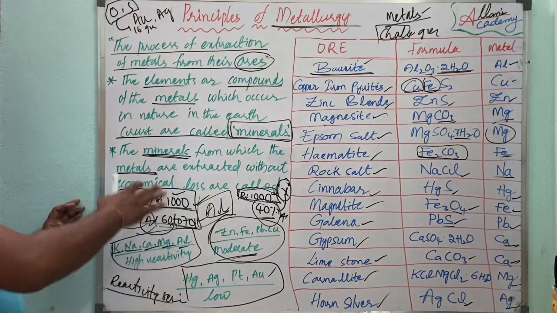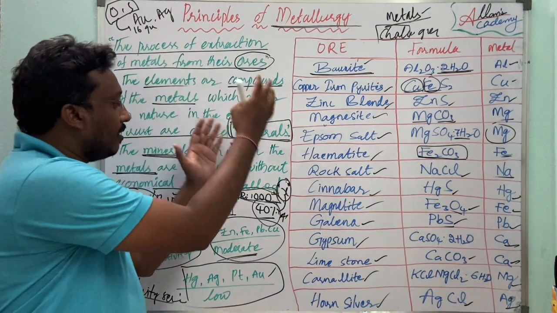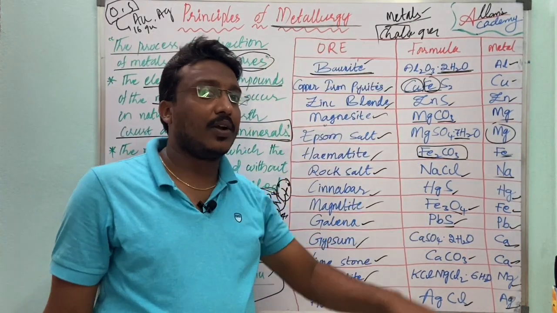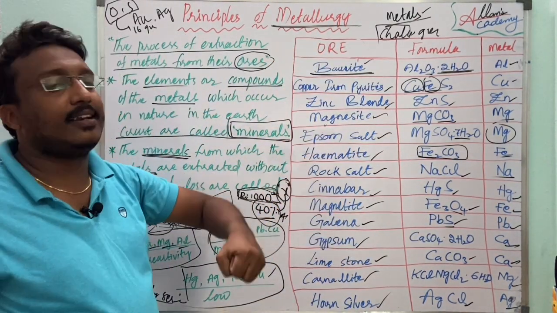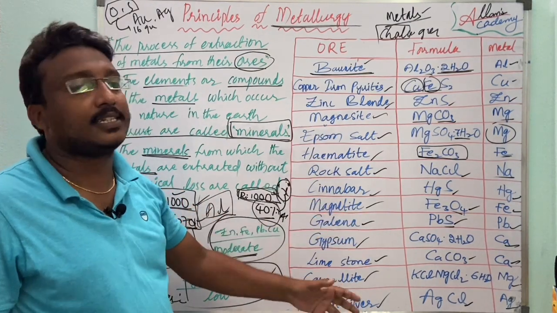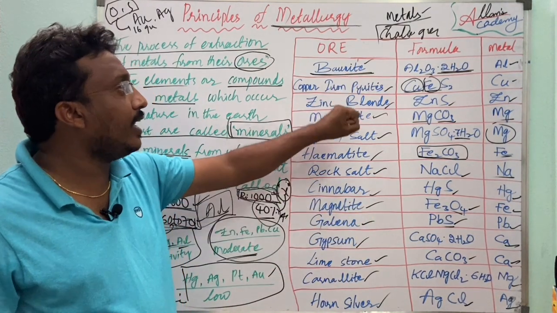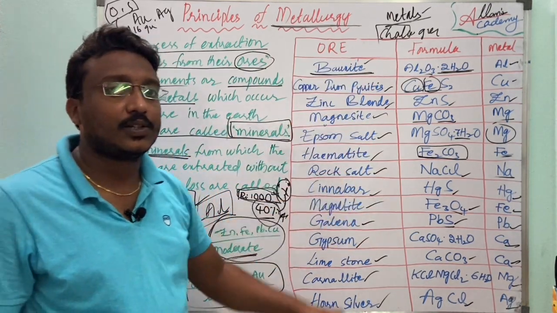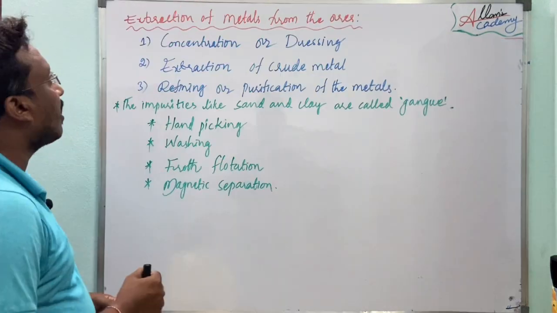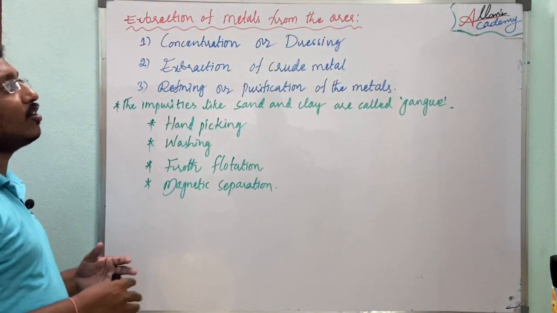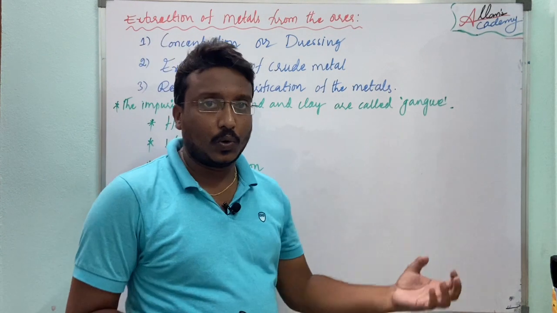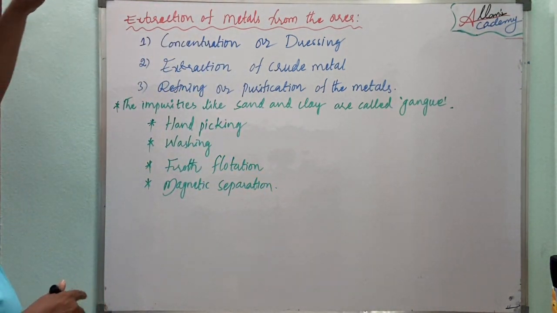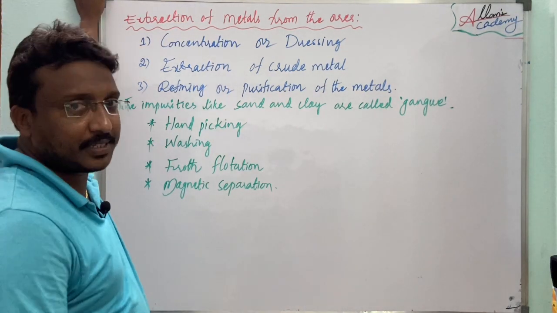Okay, this is about minerals, metallurgy and ores. Now we are going to discuss the methods and processes we follow to collect the metals from these ores. Extraction of metal from the ores mainly depends on 3 steps.